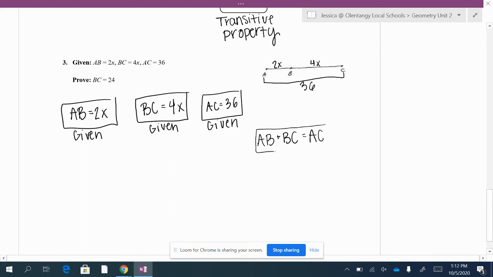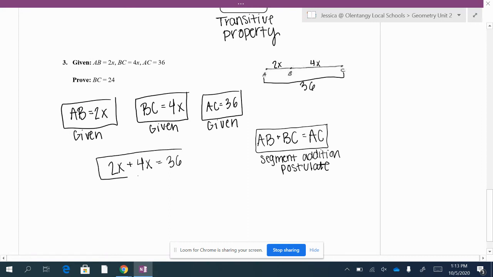And there we are, using the segment addition postulate. And then we can go ahead and replace with what we know. So I know that AB is 2x, I know that BC is 4x, and I know that AC is 36. And how did we get there? Well, we're using substitution.